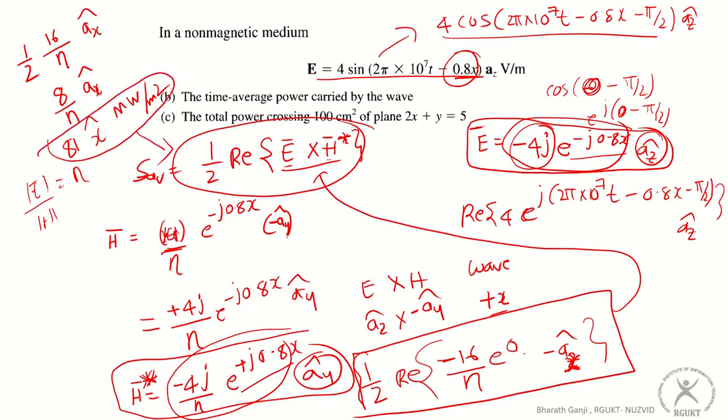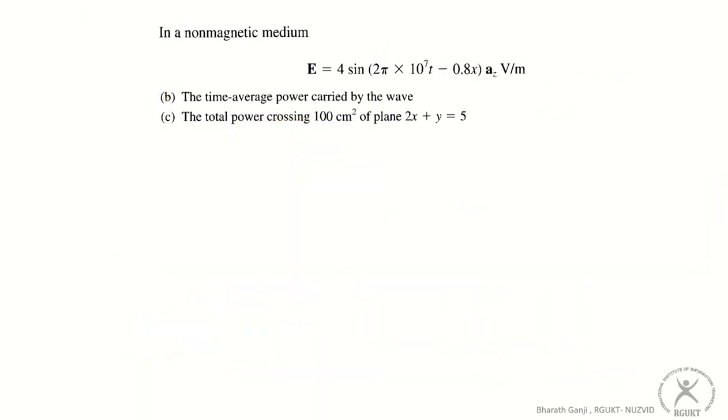Average power is measured in watt per meter square. So we got the average power as approximately 81 ax cap milliwatt per meter square. So for every 1 meter square area, this much power is crossing in the x direction. That is what this equation is saying.